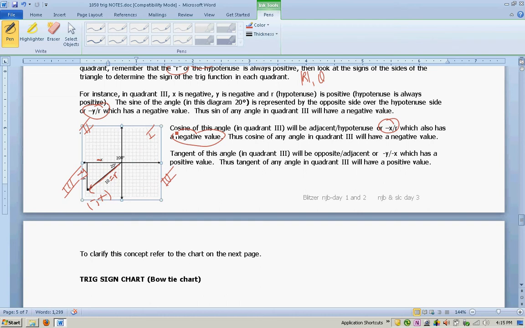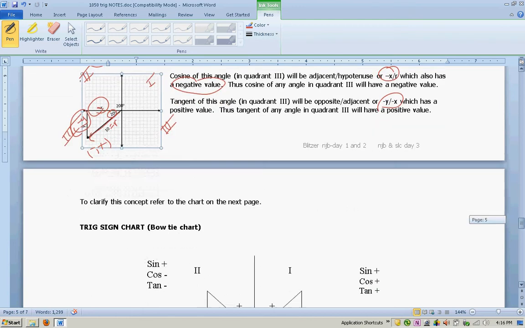And the tangent, opposite over adjacent, and again we're dealing with our reference angle of 20 degrees. So the opposite side, negative y, the adjacent side, negative x. So negative y over negative x would give us a positive value. So tangent will always be positive in quadrant 3.